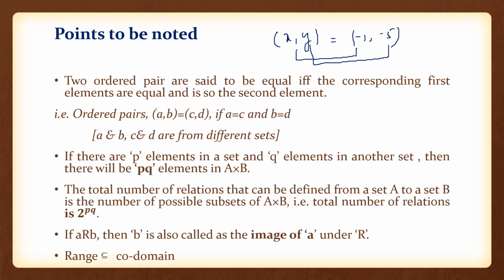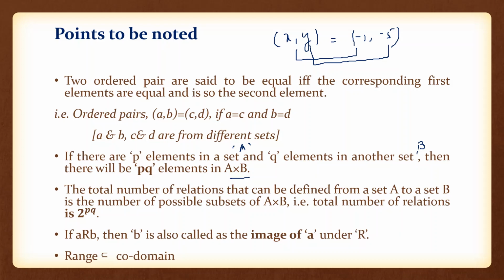If there are p elements in one set and q elements in another set, then the total number of elements in the Cartesian product A and B is pq, the product of the numbers of elements.